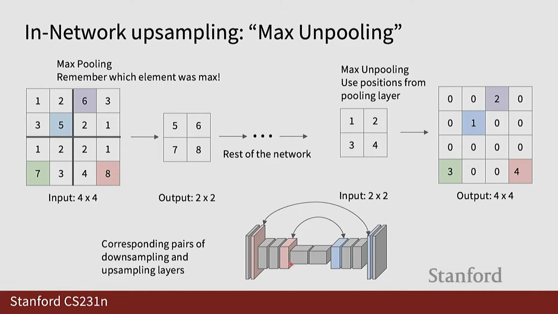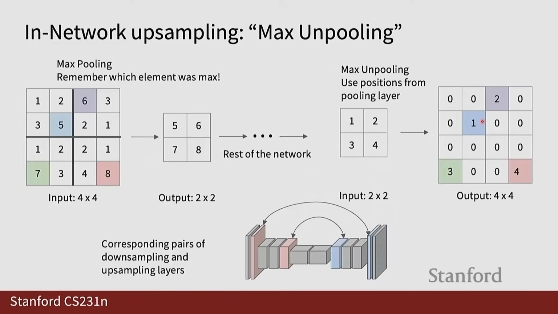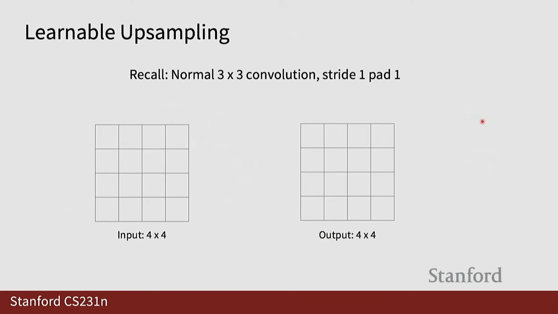So basically we save the locations in the encoding part, and in the decoding part, in the upsampling step, we reuse those saved coordinates. The other option is to do a learned upsampling. All of these that I showed have no parameter to be learned. It's just an operation. But learned upsamplings are also possible.